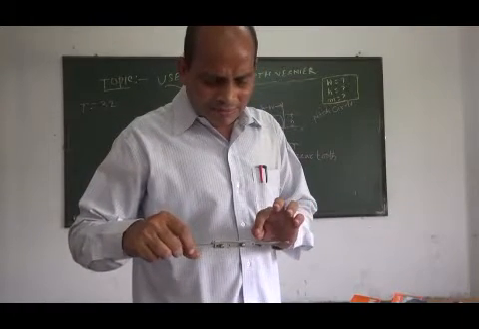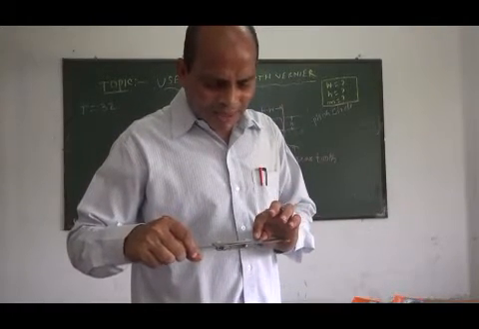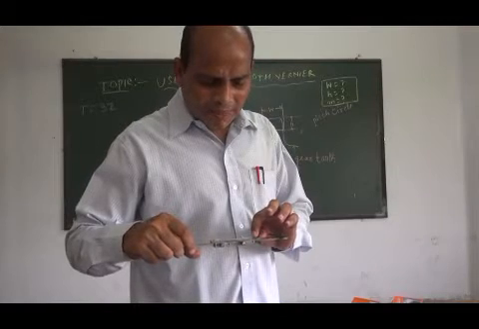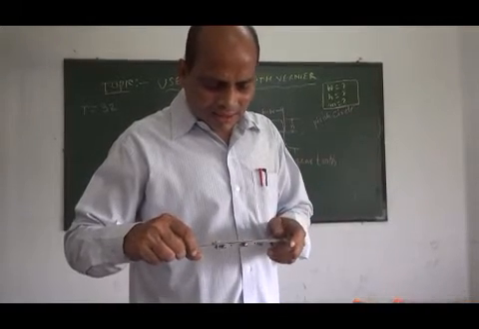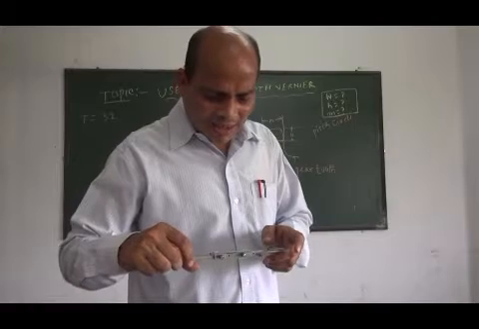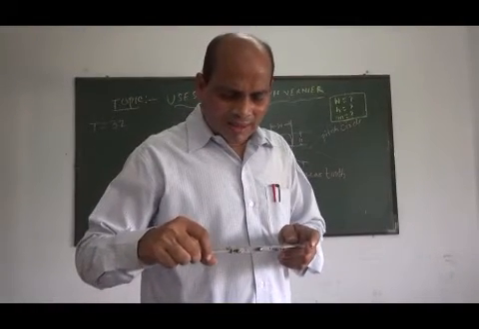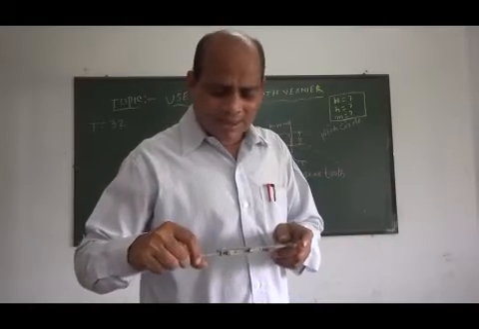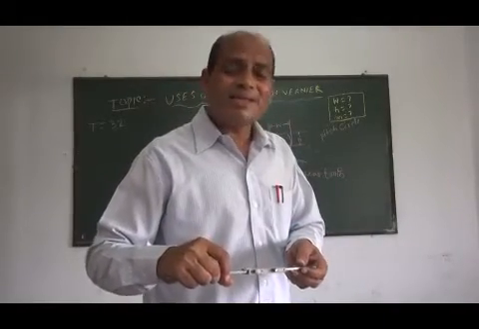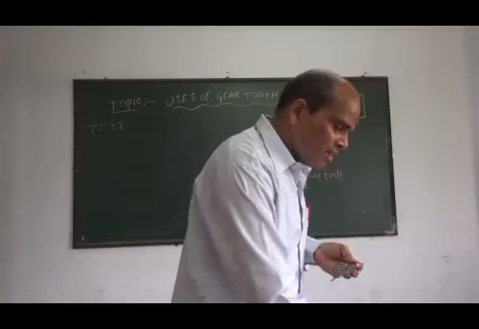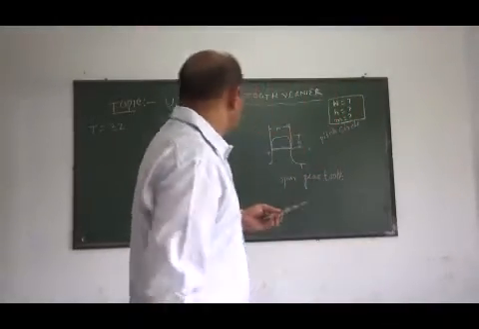The zero division of the vernier crosses the 53 division, more than 53 division. That means the main scale reading will be 53 millimeter.